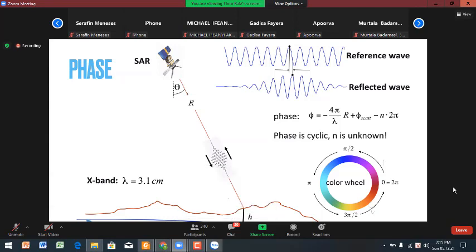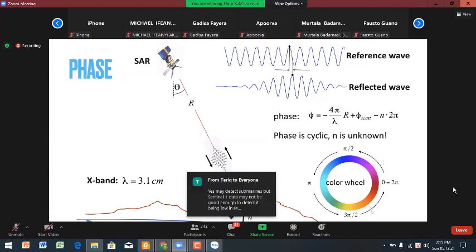And the phase information is at the very end an information of the distance, right? So the phase is at the end the difference between the reflected signal and the reference signal that we build. And the very important information is that the phase is cyclic, right? We go from here right back to here.